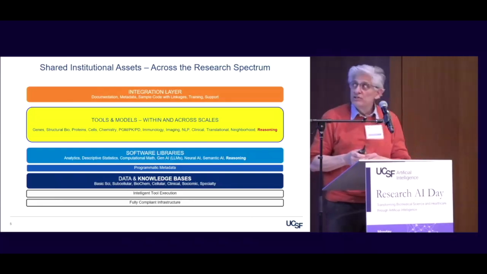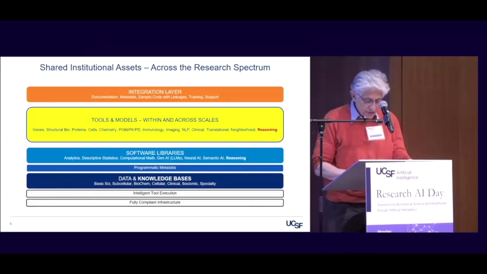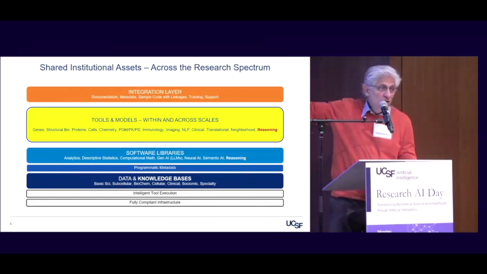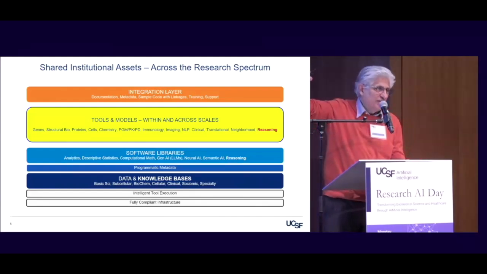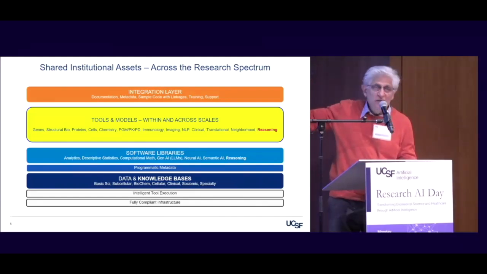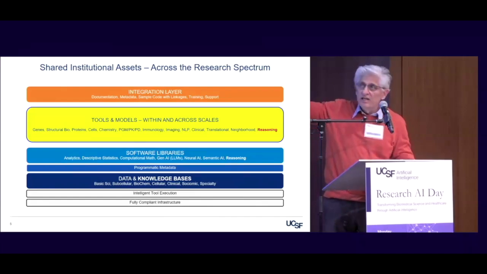Now, the next layer, tools and models, that's where a lot of the action is, and you'll be hearing from different speakers. As the chancellor himself said, we're going from genes all the way to the right-hand side. And very roughly, I've laid out these from genes through proteins, through pharmacogenomics and so on, onto the clinical sciences.